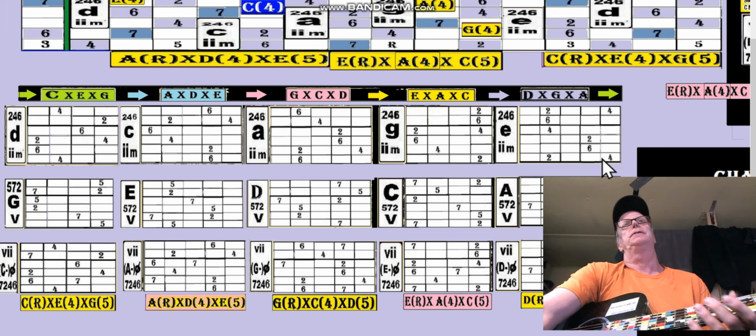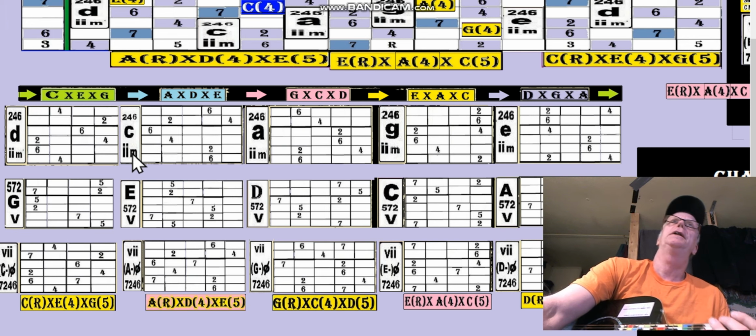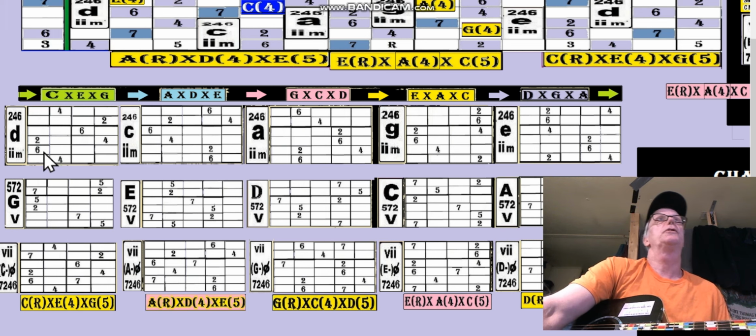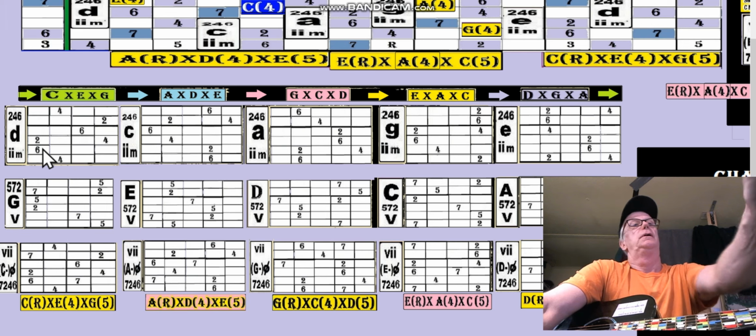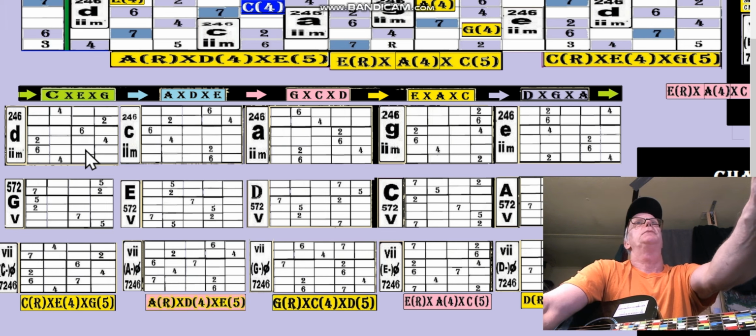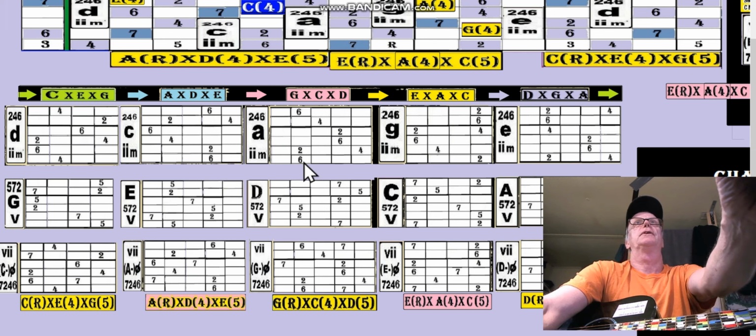It's hard to demonstrate how these cages are really inversions of one another. They're total inversions of one another. So 4-6-2 is first inversion D minor on the bottom 3 strings. Then 6-2-4 is the next inversion, okay?